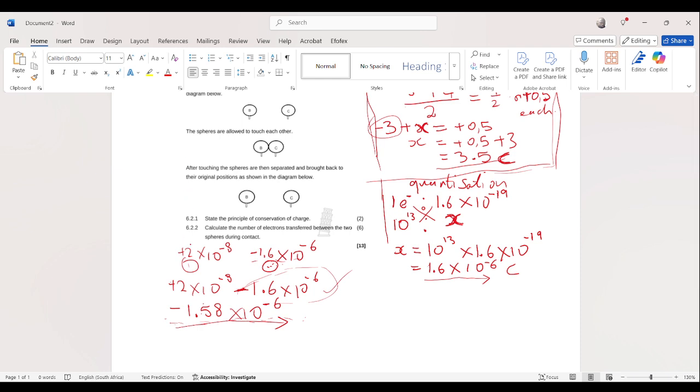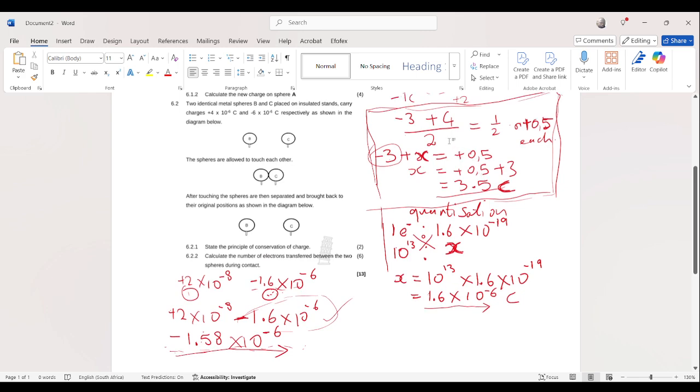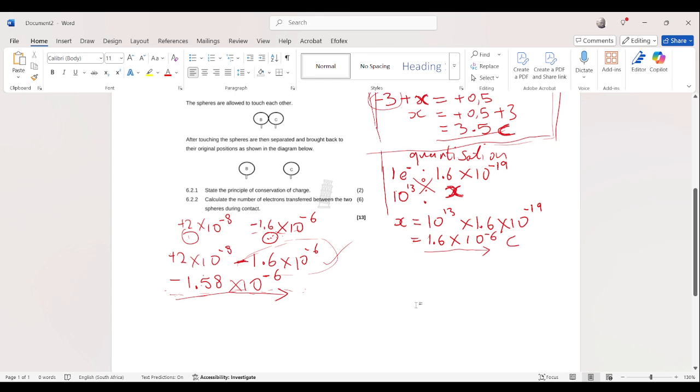The first thing will be to add the two charges and divide them by how much?